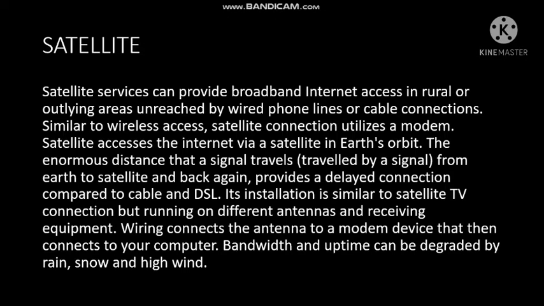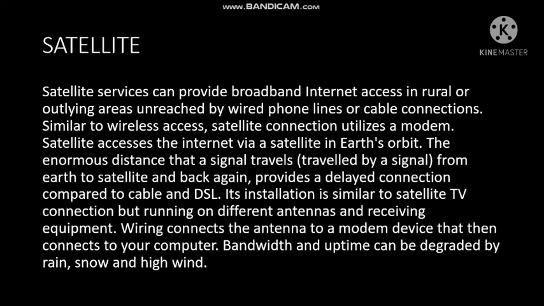Then come satellites. In rural areas where a cabling system is not possible, we can go for satellites. Here a satellite is placed in the Earth's orbit, and the connection is transmitted from one place on Earth to that satellite, and then it comes back to the Earth's location. So the distance covered by the signal is very long, and because of that the signal strength becomes very low, and it is easily affected by bad weather.